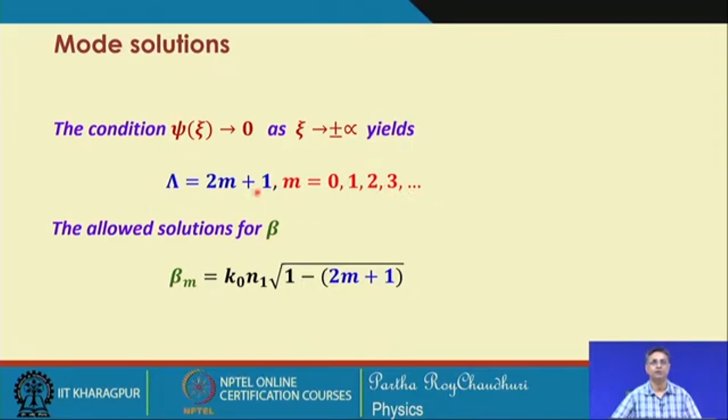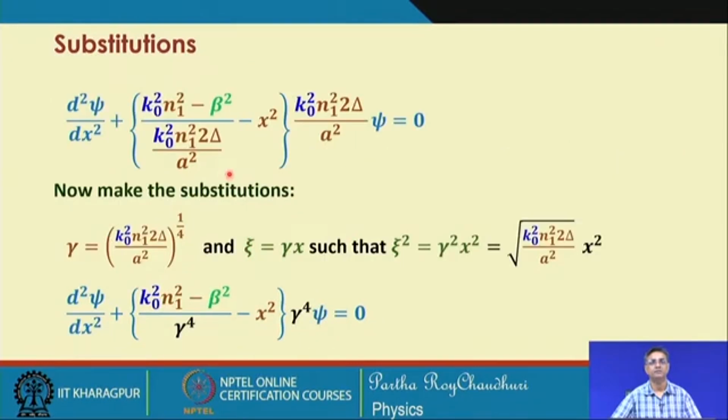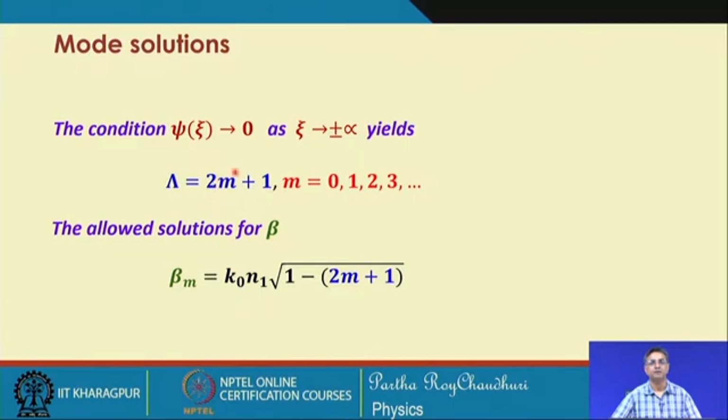Therefore, from here, because this lambda includes this beta, you can remember the beta definition, we have used this as lambda. So, this lambda will give you that beta_m equal to k_0 n_1 under root of 1 minus 2 i.